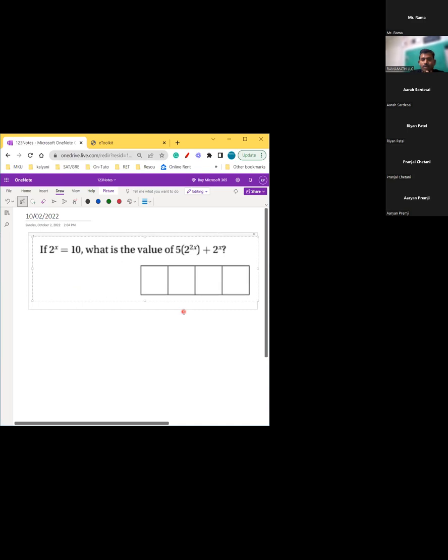Ara, can you please read this question for us? If 2 to the power of x equals 10, what is the value of 5 times 2 to the power of 2x plus 2 to the power of x? Go ahead and give this one a try and put your answer in the chat box.